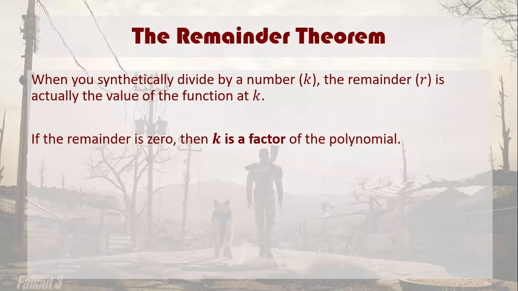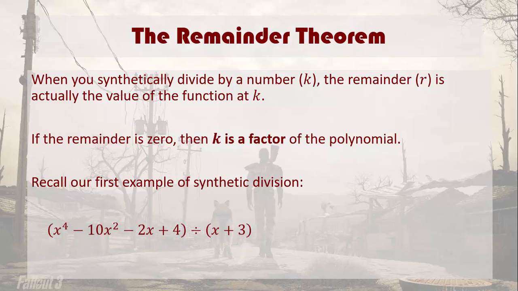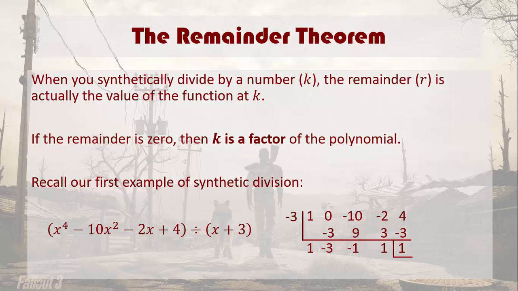So let's look back to the first example that we did for synthetic division. Alright, we had a remainder of 1 when you synthetically divide by -3.